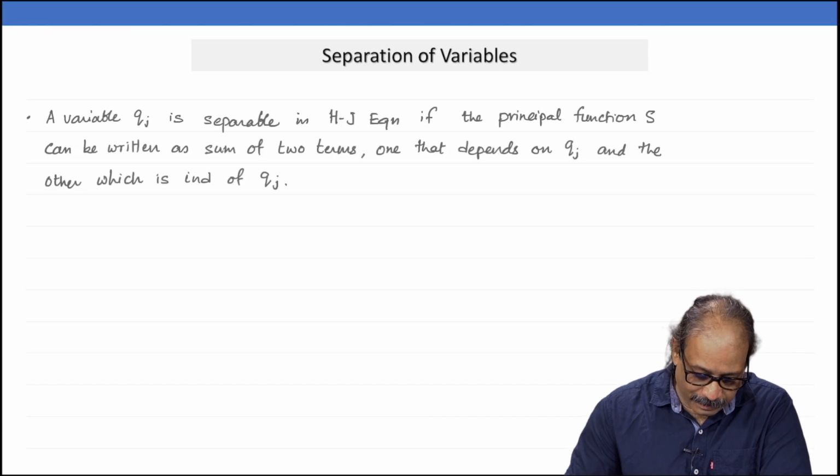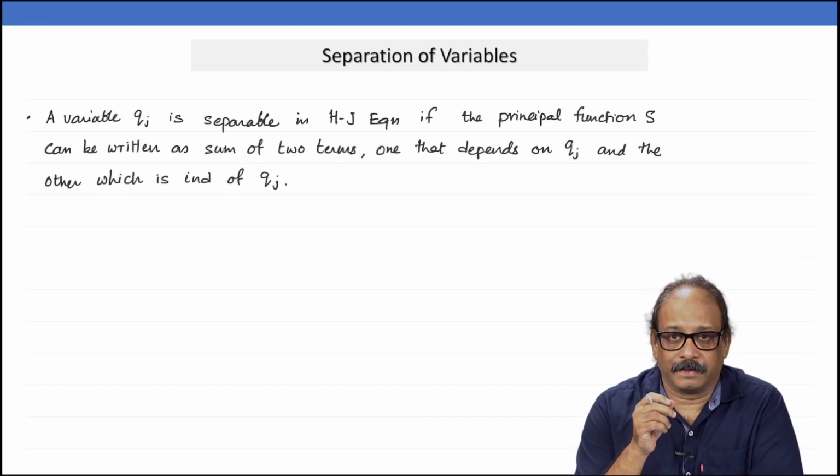It is possible to employ separation of variables in this case too. Wherever the system is separable, things become easier. So, let me start by defining the meaning of separability.